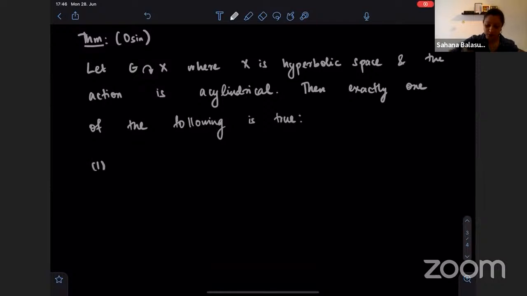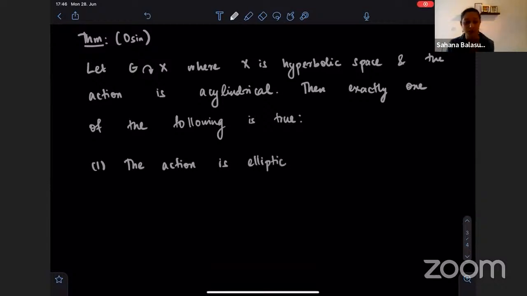So what's the first possibility that can happen? Well, it could happen that your group actually acts with bounded orbits. There's nothing interesting happening, and G acting on some choice of base point just gives you a bounded orbit. So this is what we call an elliptic action. Here I'm following the same words that Gromov used when he did a more general classification for groups acting on a hyperbolic space without the condition of acylindricity.